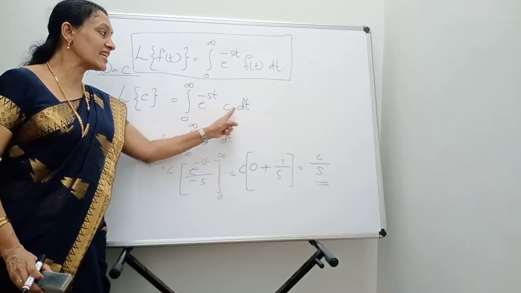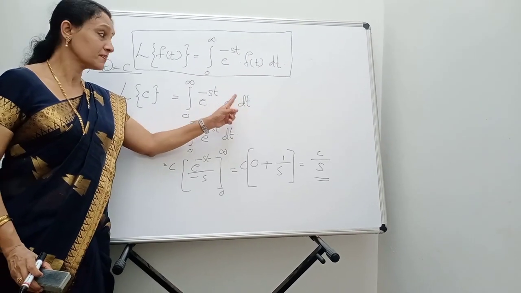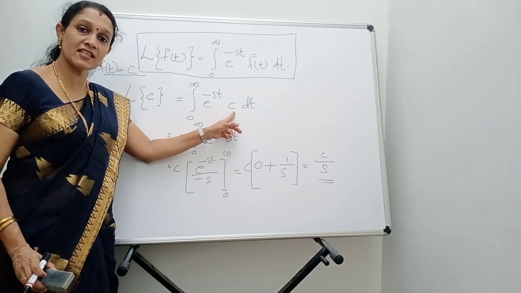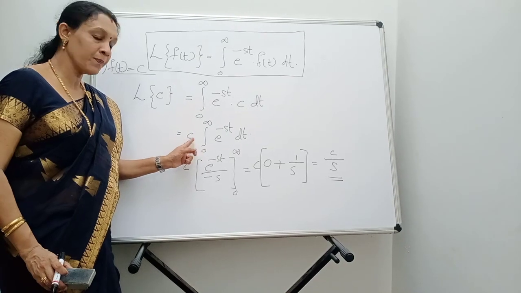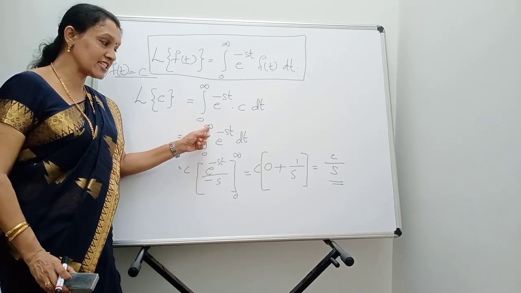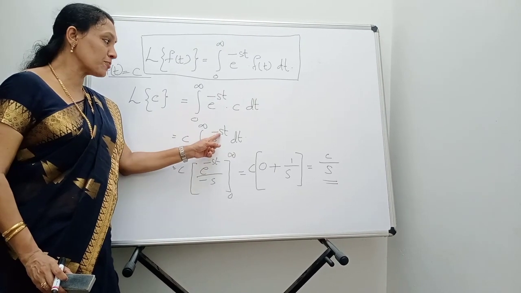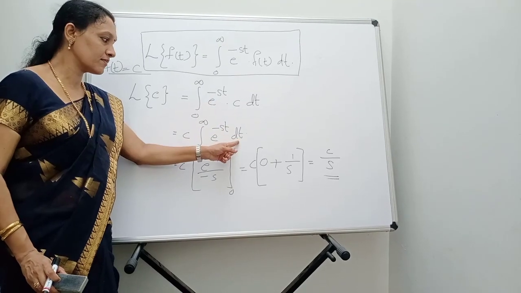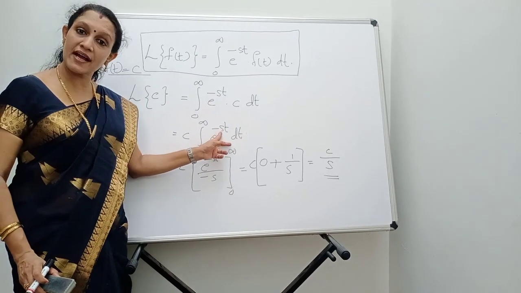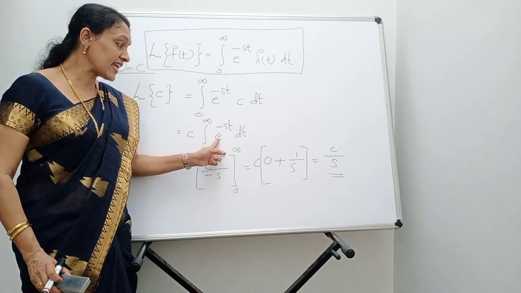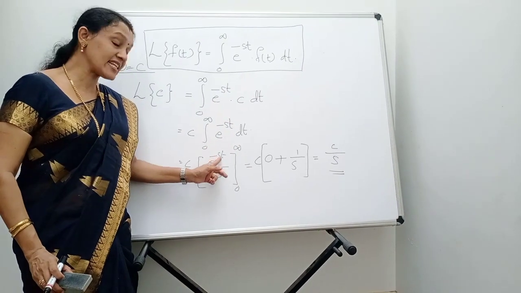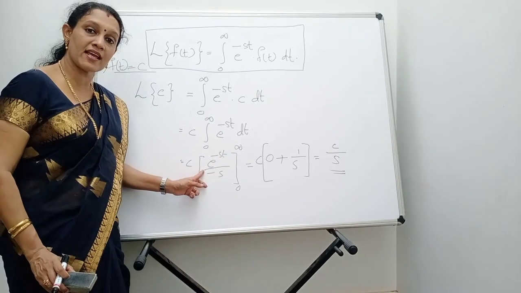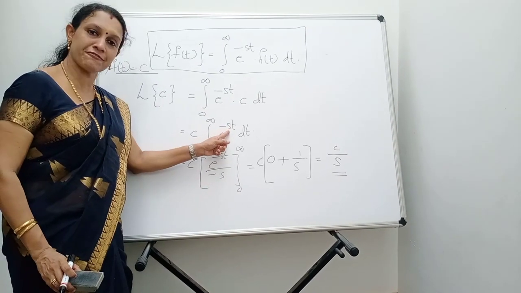Now we should integrate this. Okay. Since c is a constant, this can be taken outside. So c into integral 0 to infinity, the same, e raised to minus st dt. And what is the integral of e raised to minus st? On integrating e raised to minus st, it is e raised to minus st divided by the coefficient of t.